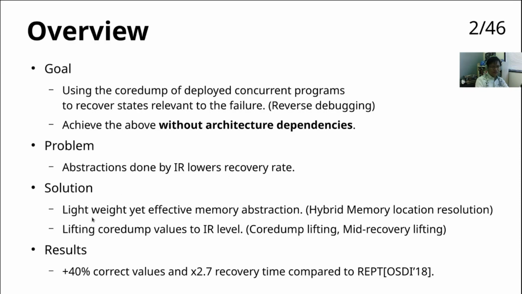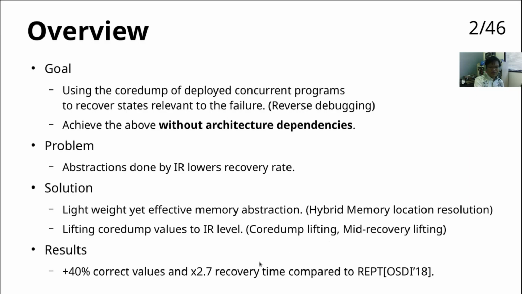So our solution is to increase the recovery rate by using a novel hybrid memory location resolution, and also some supporting methods of lifting machine level information in the core dump into IR level.